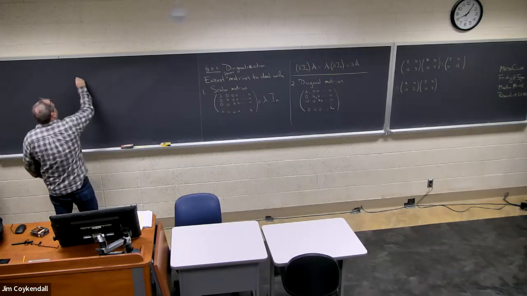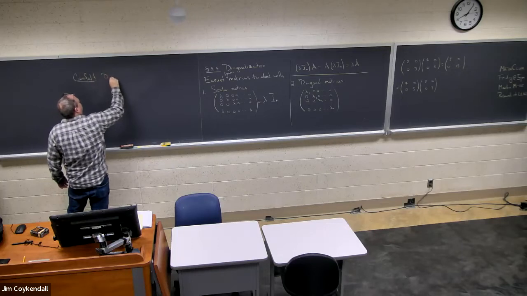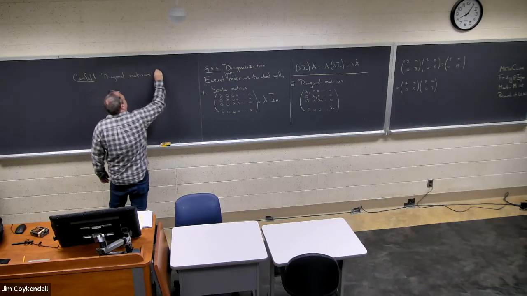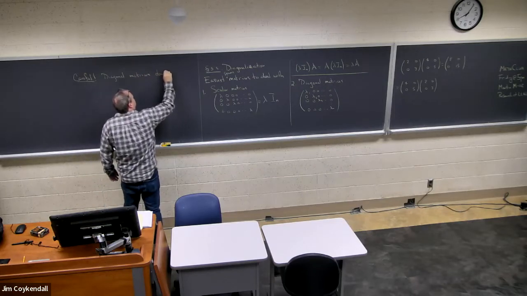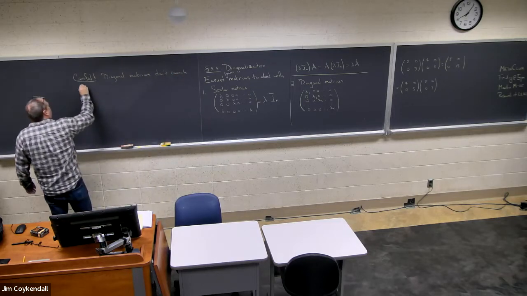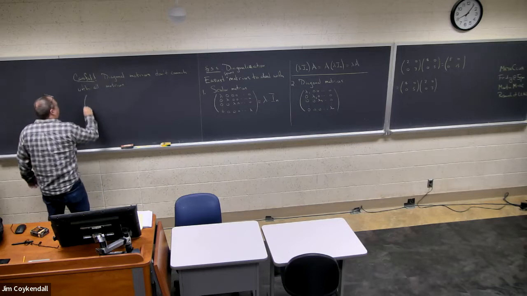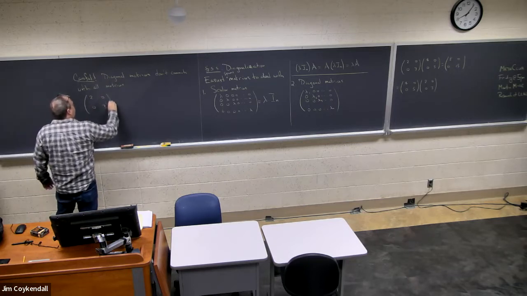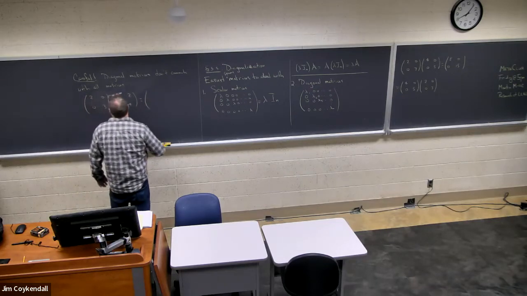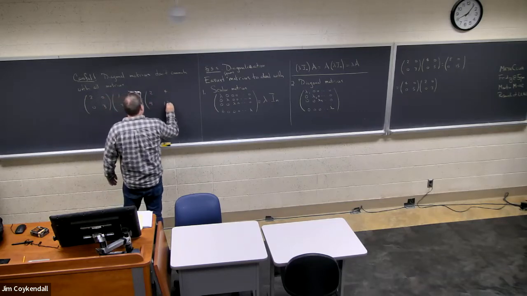So for example, if I have [2, 0; 0, 3] times [1, 2; 3, 4], this is [2, 4; 9, 12].